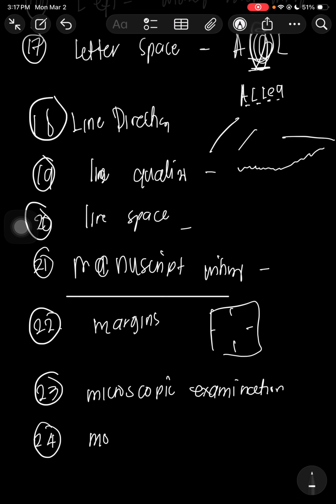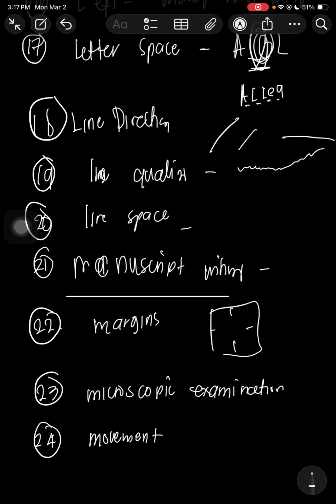Next is the movement. Movement, it is an important element in handwriting. It embraces all the factors which are related to the motion of the writing instrument skill. So the speed, freedom, hesitation, rhythm. Yan, kasali po yun, ha. Lalo na yung speed and rhythm.